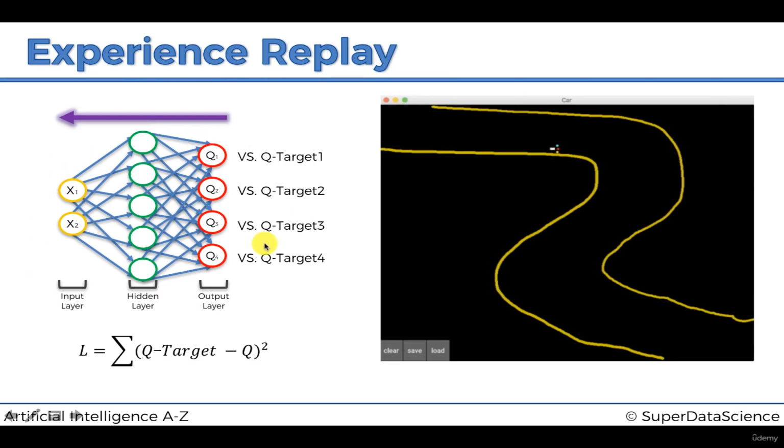We don't want the car to just learn how to drive along a straight line or along a curved line, or anything that you can think of in life where an agent would be navigating an environment. Wherever you can think of correlated or interdependent states that come one after another, that can really mess up your neural network if you just let the agent learn from that.